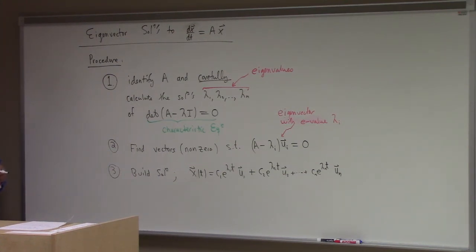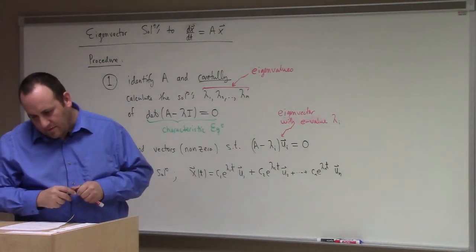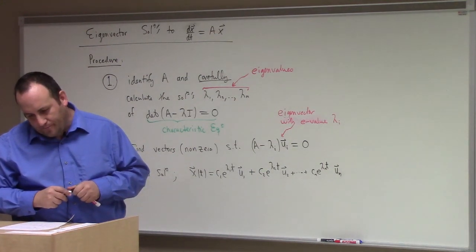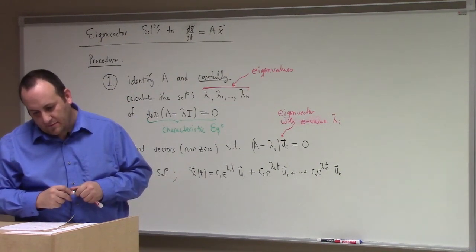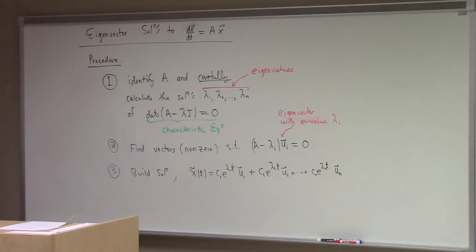But it's worse than that, right? We saw last time that we had a matrix with eigenvalue 2, but we only had 2 eigenvectors for that one, even though it was a 3 by 3 matrix, right?